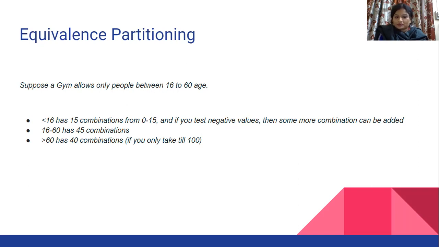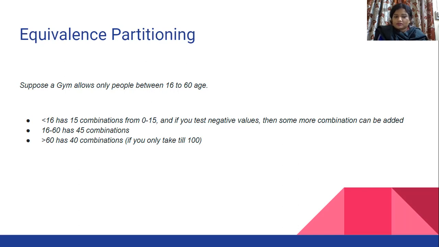So for the first invalid partition, between 0 to 15, I can test for a value and pass the test case. For the valid partition, I can test for a value, let's say 17 or 18 or 59 or 57, any one value, and I can pass the test case.